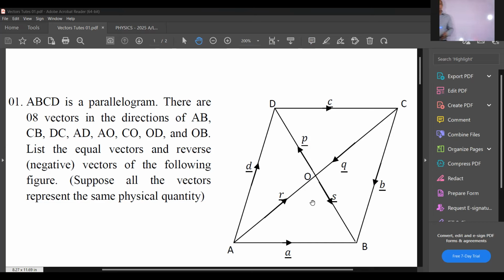Okay. Shall we discuss? What are the equal vectors? Listen very carefully.